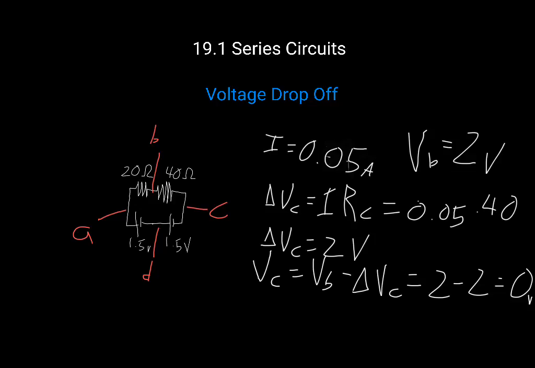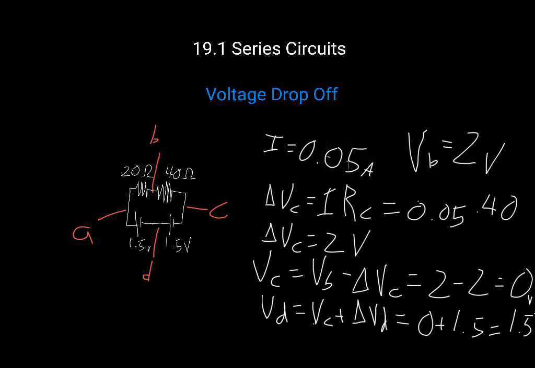One thing with these sort of circuits, you're always going to end up with 0 volts when you get back to the end of the circuit. Now, if we want to look at what our voltage is at D, we do a similar sort of thing. We take the voltage at C, and then we add the change at VD. Because this is a 1.5 volt battery, it gives us back voltage.